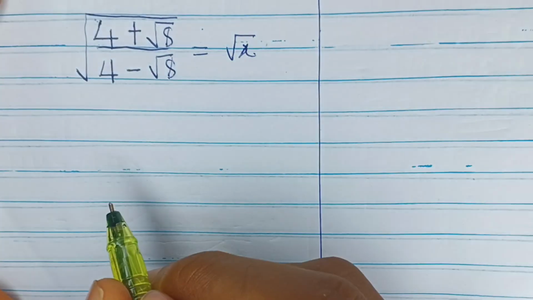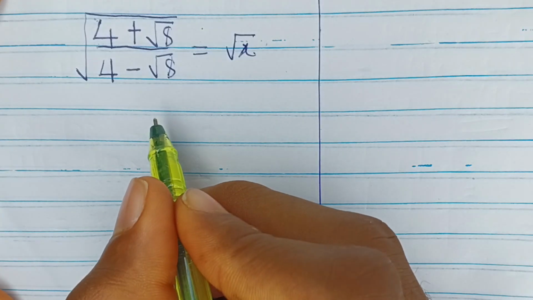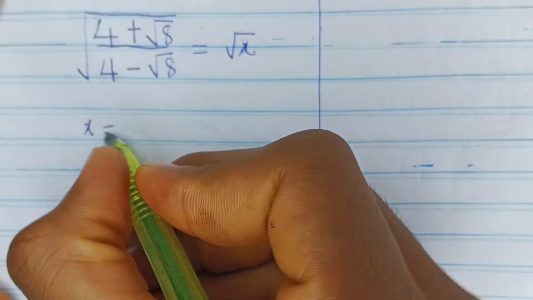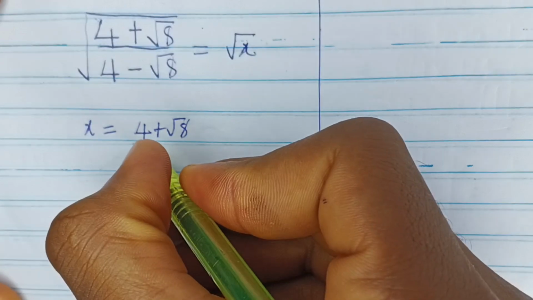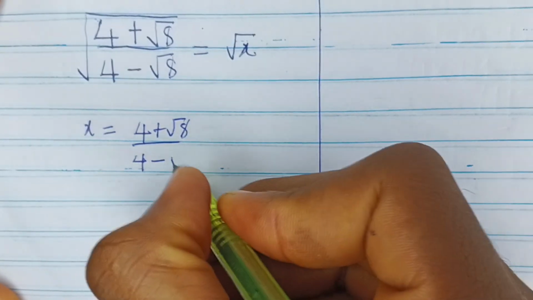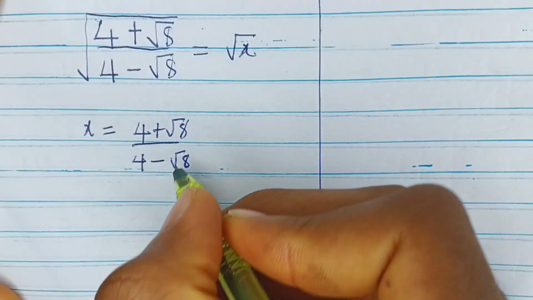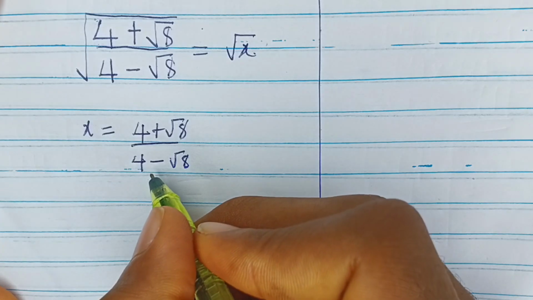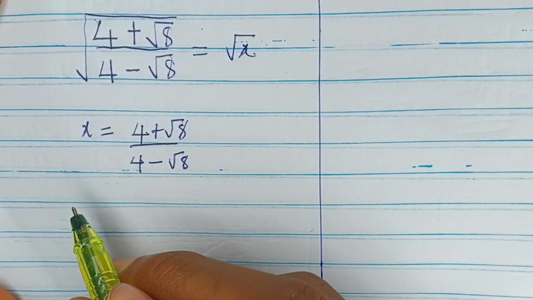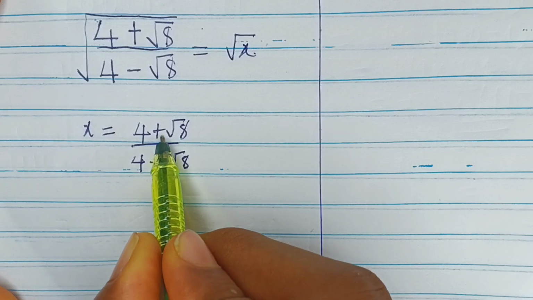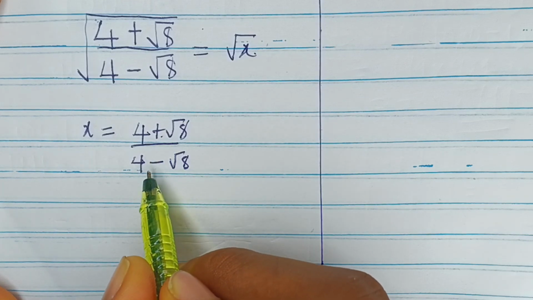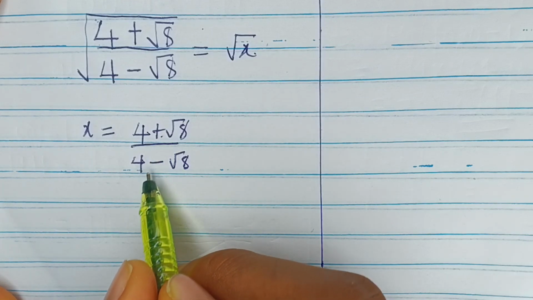So let's find x and then take the square root of it. We have that x will be equal to 4 plus root 8 over 4 minus root 8. Now let's rationalize this. Rationalizing the denominator simply means multiplying both the numerator and the denominator by the conjugate of the denominator.